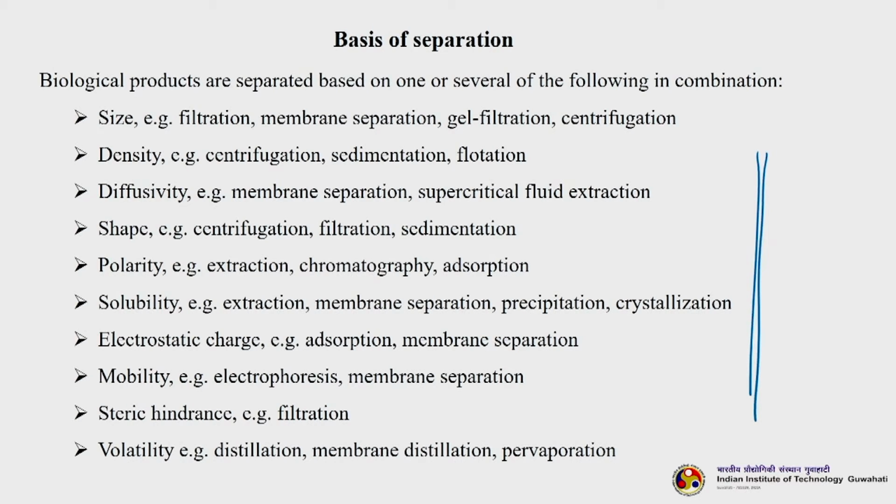For size, we can go for general filtration or even membrane separation. Centrifugation is a density based separation. Based on shape we can go for filtration and centrifugation, solubility plays a big role in crystallization, steric hindrance again in filtration, and volatility in distillation.